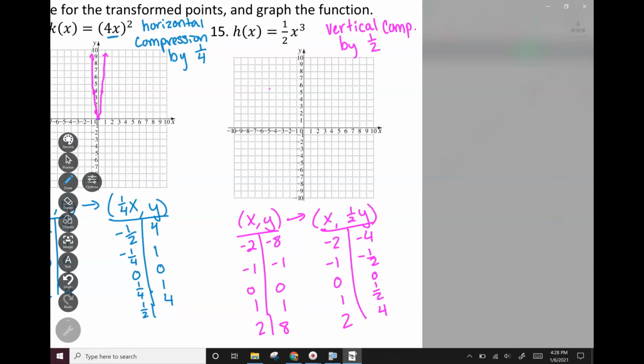Okay, so that's -2, -4, -1, -1/2, 0, 0, 1, 1/2, and then 2, 4. Remember the shape of the cubic function?